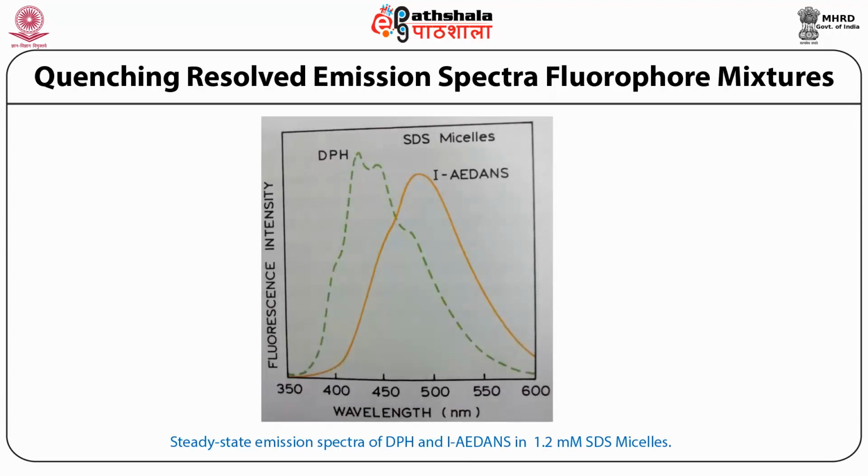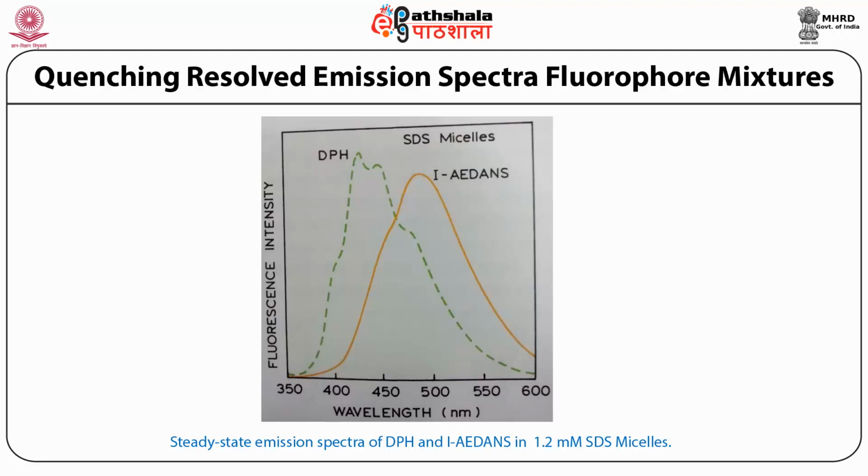This graph shows you the steady state emission spectra of DPH and 1-AEDANS in 1.2 millimolar SDS micelles. The use of quenching to resolve emission spectra is illustrated by this example. DPH is not water soluble, so it is expected to dissolve in SDS micelles, whereas AEDANS is water soluble and negatively charged, so it is not expected to bind to negatively charged SDS micelles.